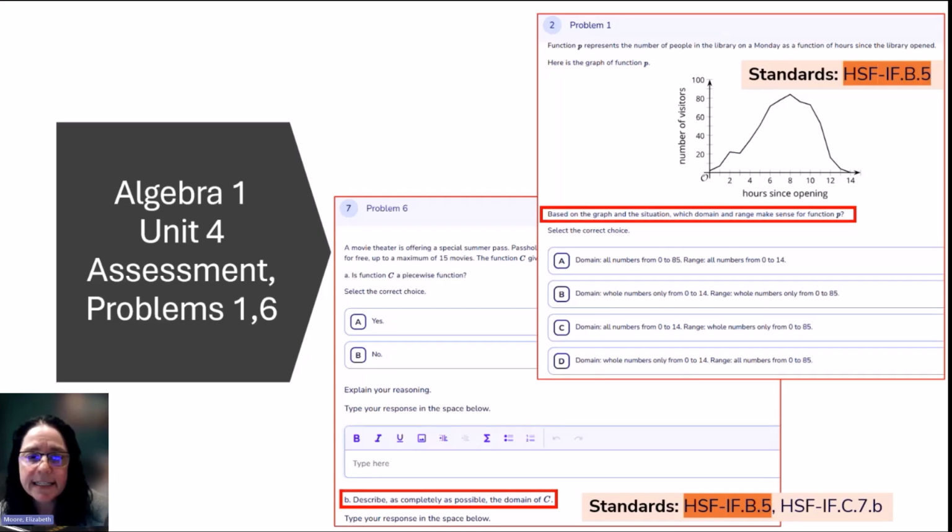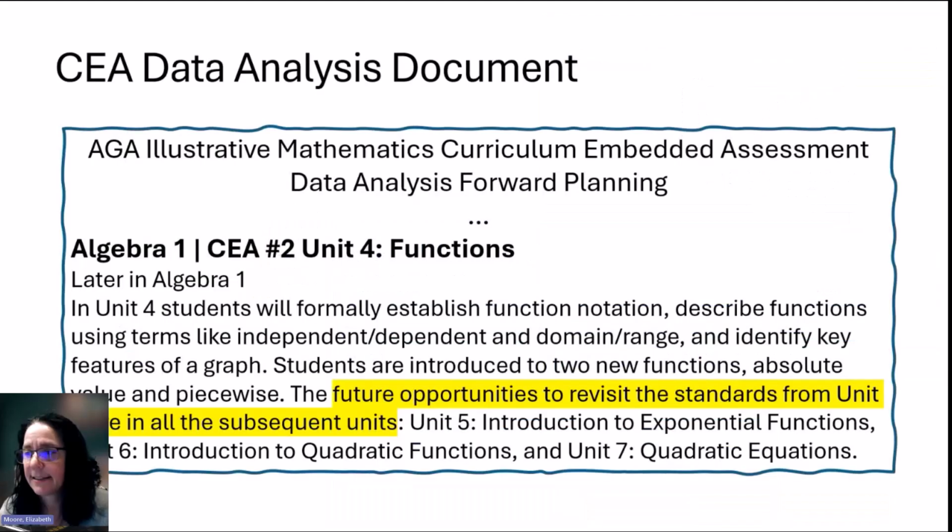And question 6, part B, asks students to describe the domain of a function as completely as possible in a free response. Both of these are looking at the standard HSF-IF.B.5.